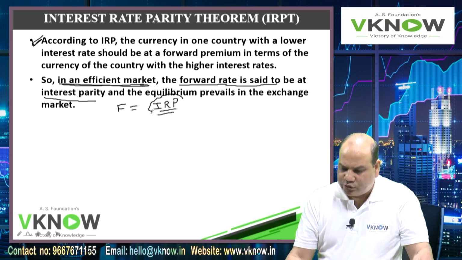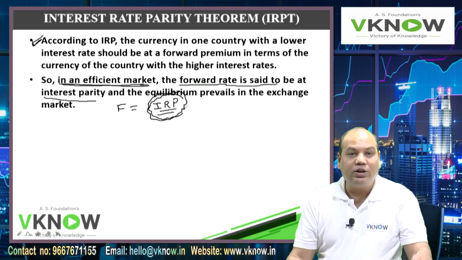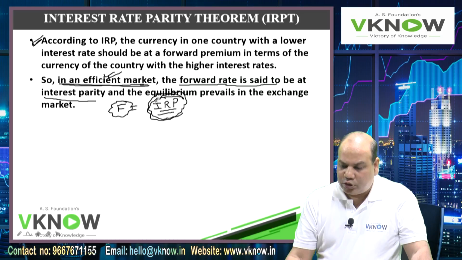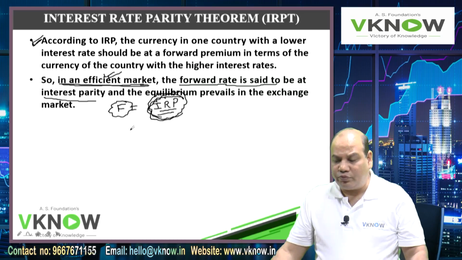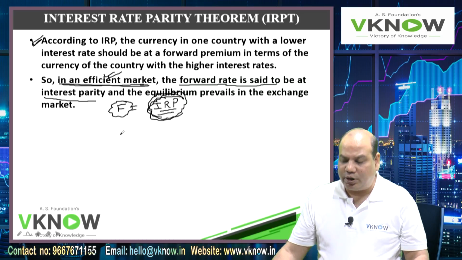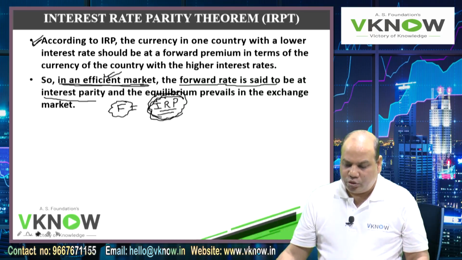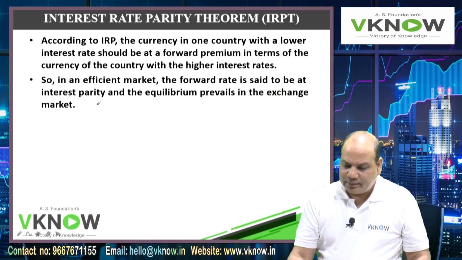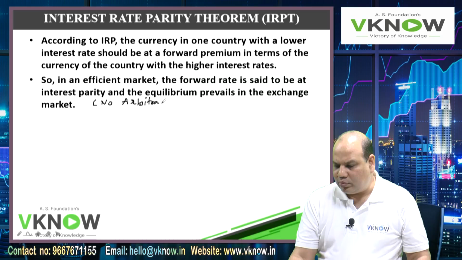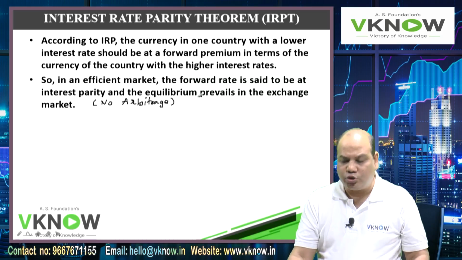So the bank also knows it needs to quote that forward rate which will be as per IRPT, otherwise the arbitrage opportunity will arise. So if the markets are efficient, the forward rate quoted by the bank will be equal to the forward rate as determined by the interest rate parity theorem, and equilibrium will prevail, means no arbitrage. In an efficient market, no arbitrage opportunity will arise.